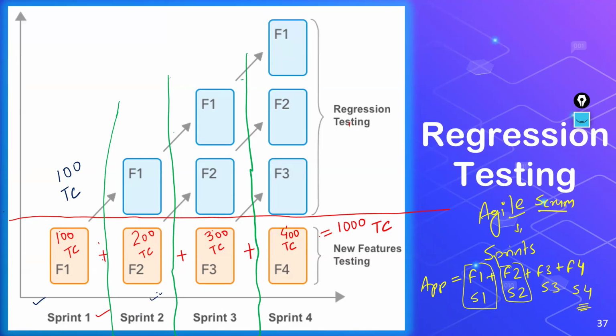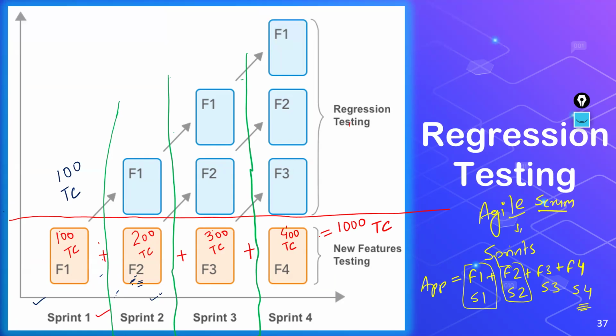How? Because in sprint number two, ultimately, you are implementing these features F1, F2, F3, F4, right? So when you're implementing feature F2, and in the previous sprint you have already implemented feature F1, but both are part of the same application, right? So when you are implementing feature F2, you are making some changes in the application.